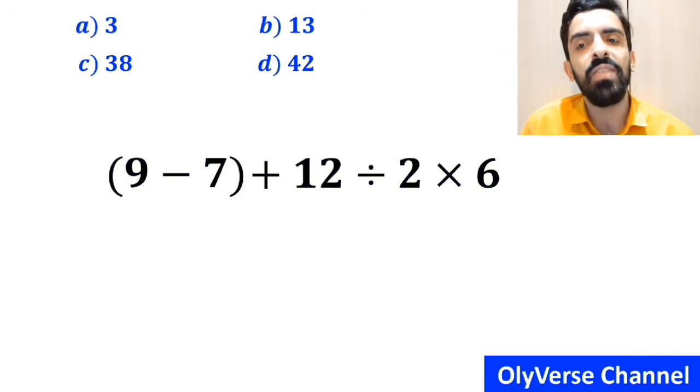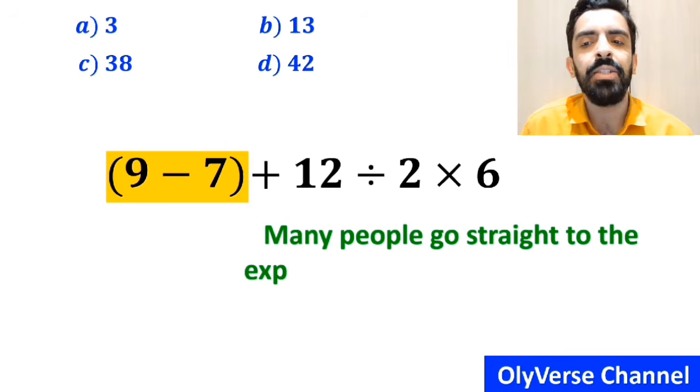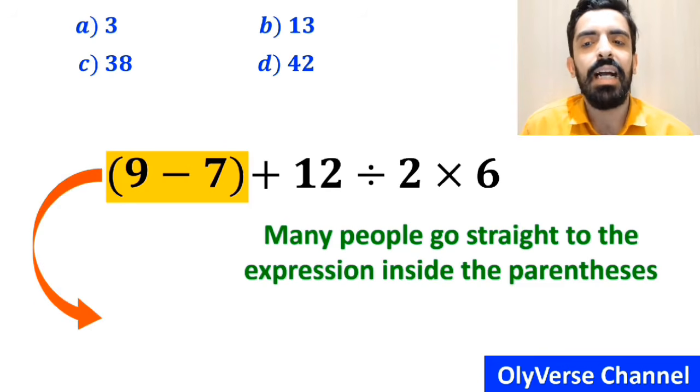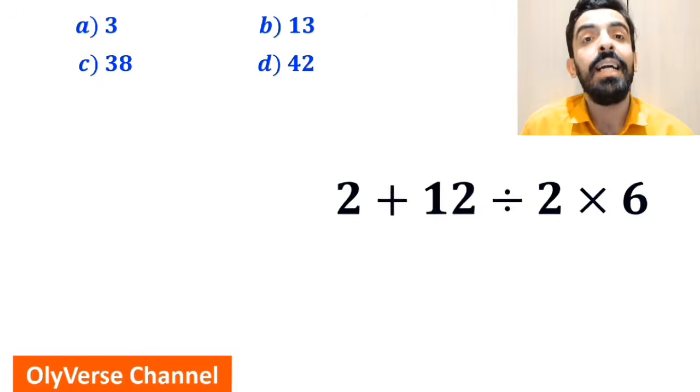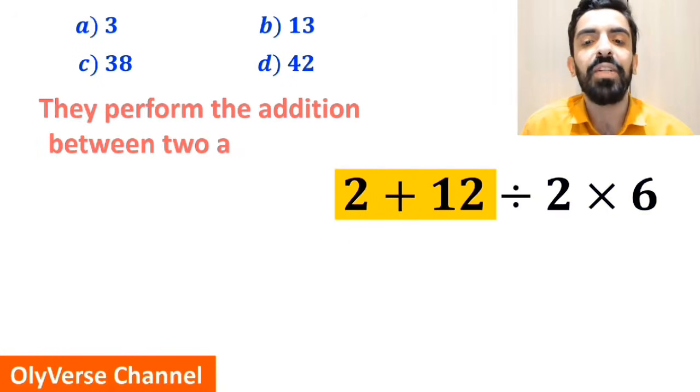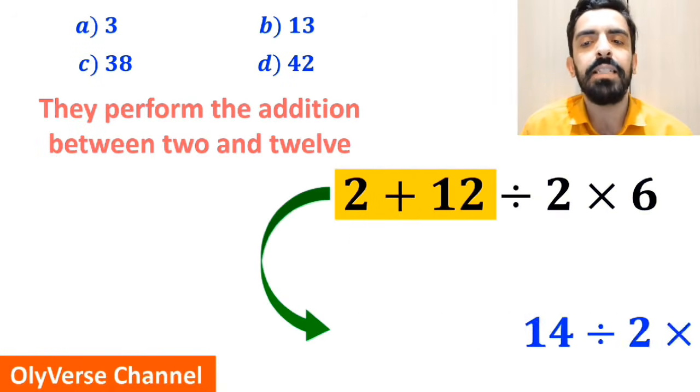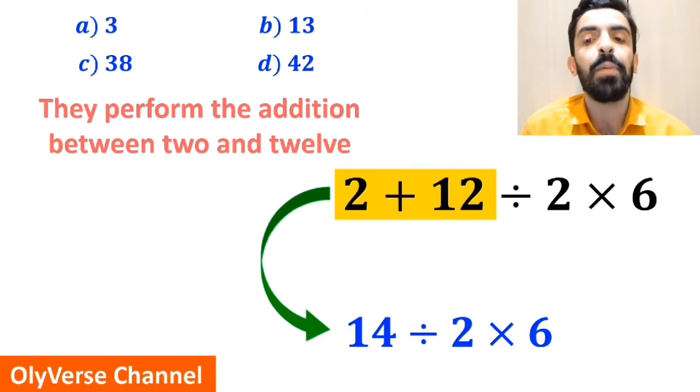In the first step of solving this question, many people go straight to the expression inside the parentheses and simplify the whole expression to 2 plus 12 divided by 2 multiplied by 6. In the next step, they perform the addition between 2 and 12 and simplify this expression to 14 divided by 2 multiplied by 6.